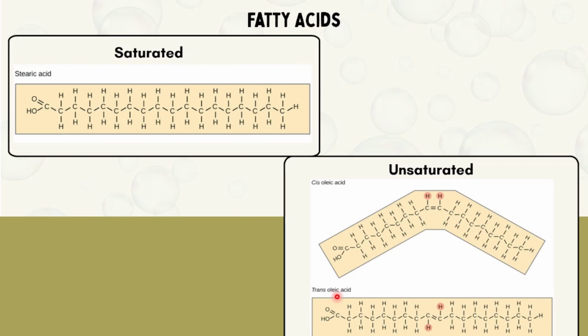Whereas in the trans configuration, the hydrogen groups bonded to the carbons wherein the double bond occurs are at opposite sides of the structure. So oleic acid is another 18 carbon fatty acid, but we have the cis oleic acid which has this bend due to the nature of this cis configuration in the middle, and we have trans which doesn't have as much of a bend. This bend is known as a kink.